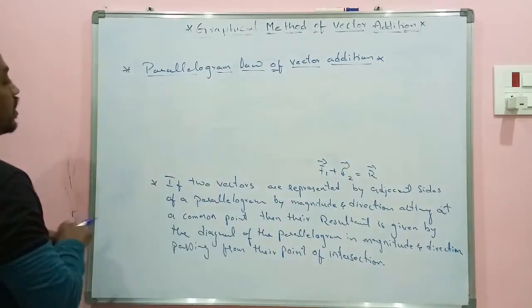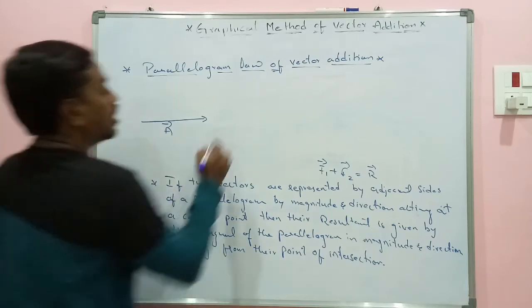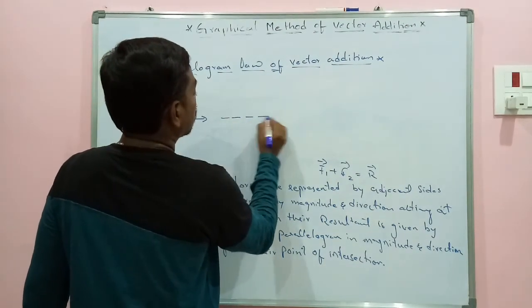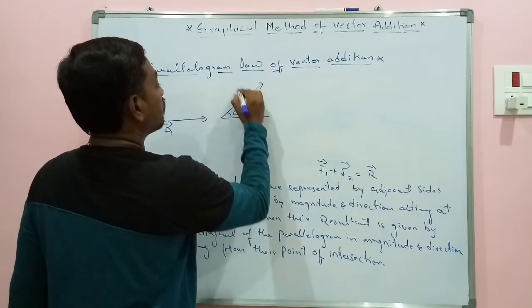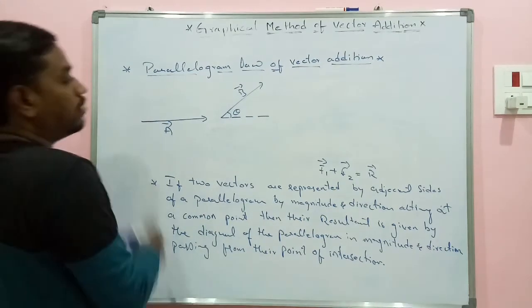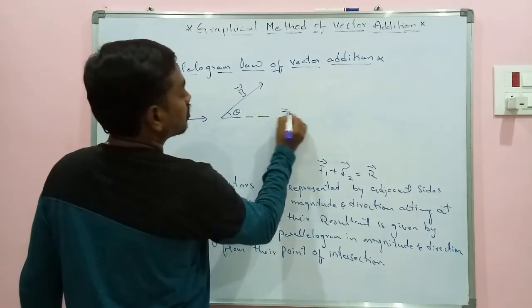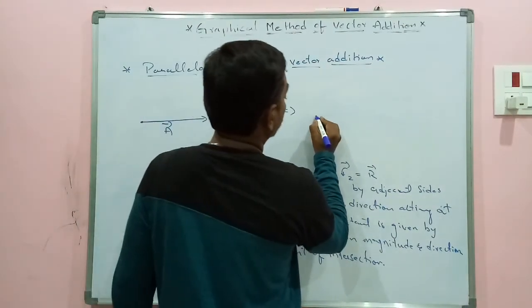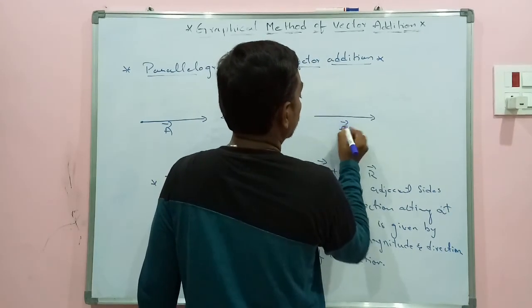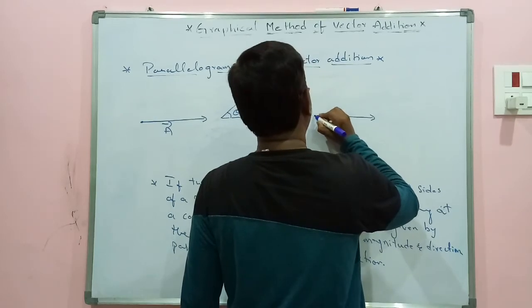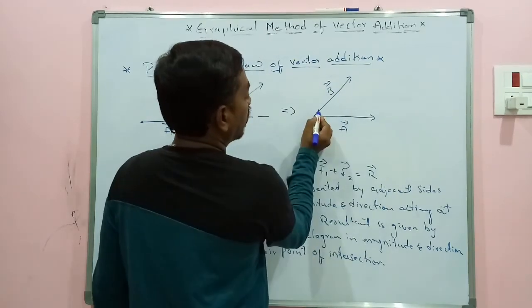So imagine, let this be vector A here. I have another vector represented along this direction, making an angle with the horizontal. Let this be vector B. Now what I am doing is I need to join this tail with this tail, so that I can draw like this again, vector A as usual, and this will represent vector B. The angle between them.